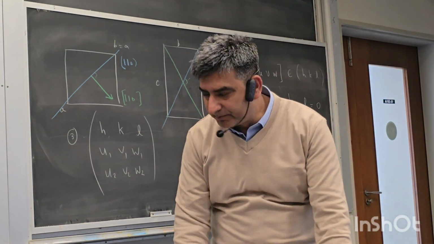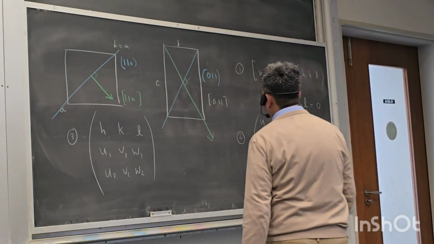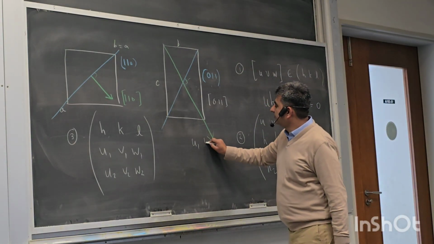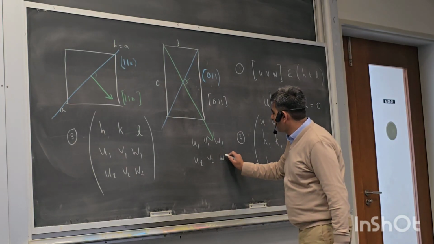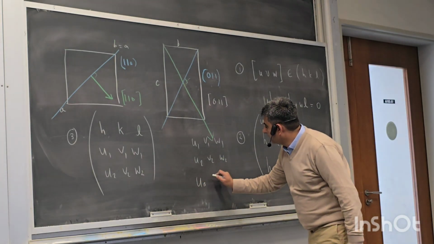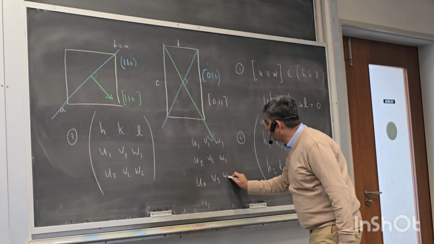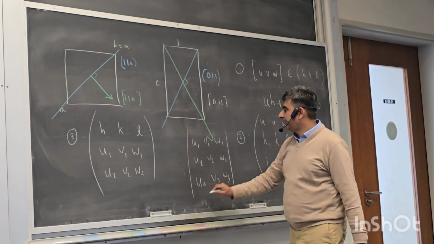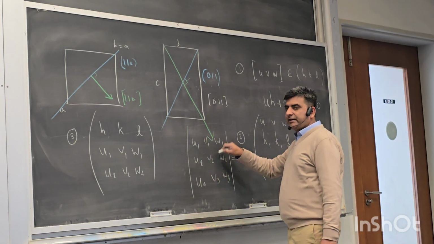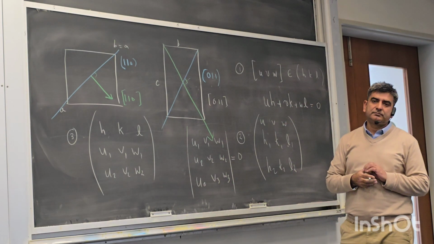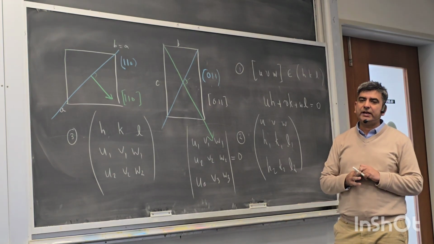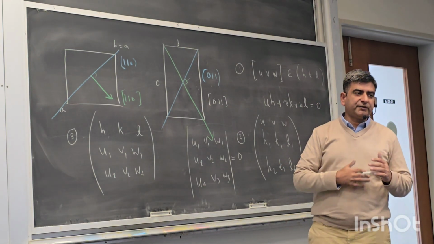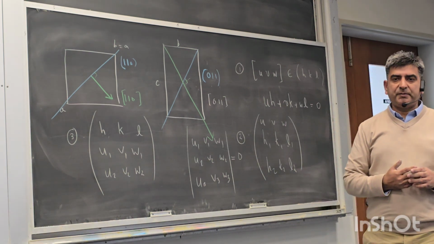That can be tested by putting all 3 directions U1, V1, W1, U2, V2, W2, U3, V3, W3 in a matrix and finding this determinant. If this equals 0, then these 3 directions will be coplanar. Okay? So a lot of geometric calculations can actually be done.